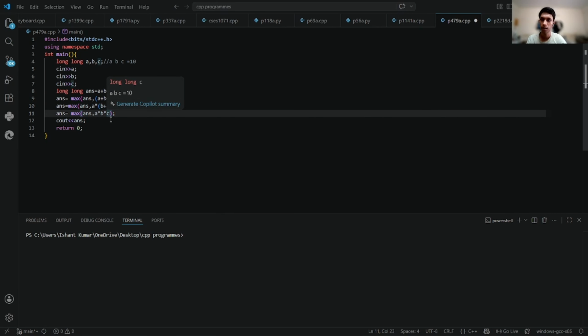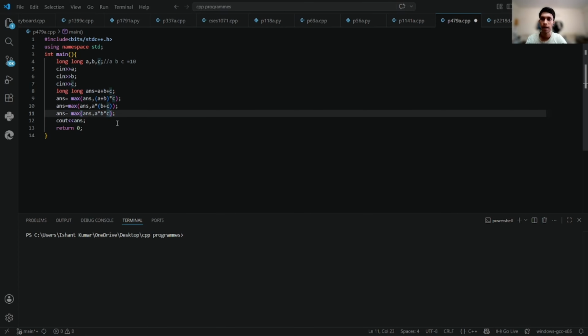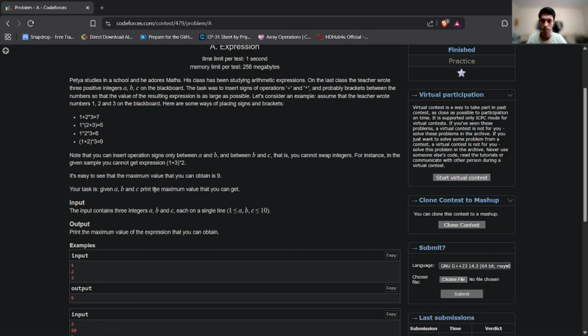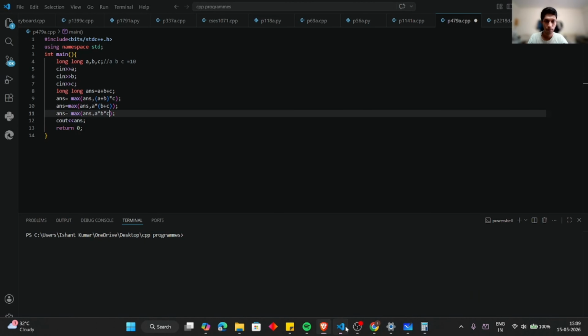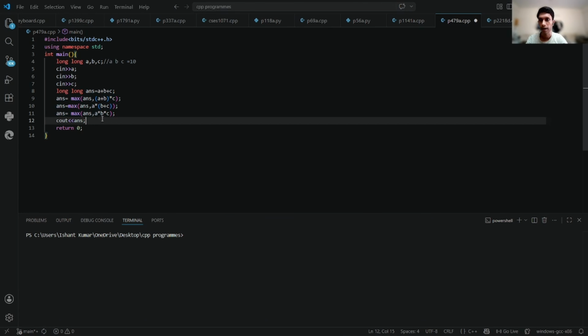And moving on, I'll be comparing the value of all these three cases to the fourth value, and I'll be taking the maximum, because in the question it is mentioned we want to print the maximum value that we can get by using these operations. So I'll be getting the maximum value out of these four, and I'll be printing answer.